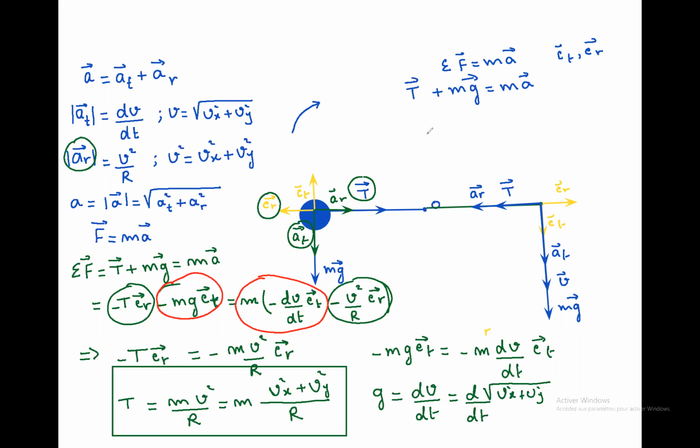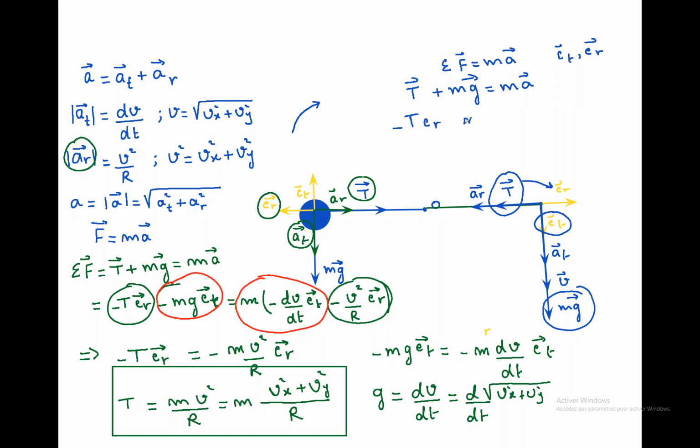Okay, let's start with T. T is opposite to er. So we have the magnitude of T times minus er. Okay, mg is with et, the same direction with et.